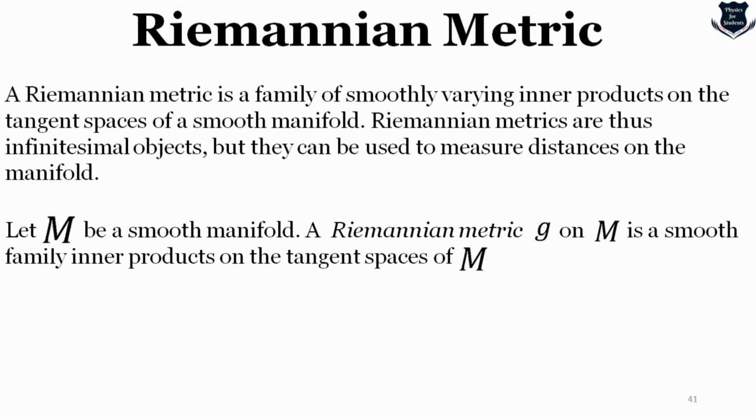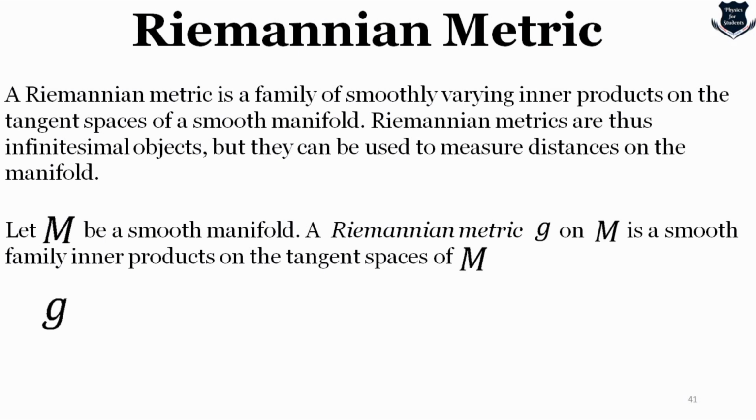So let us assume that M is a smooth manifold. A Riemannian metric G, which we denote by small g on M, is a smooth family of inner products on the tangent spaces of M. What is an inner product? I will show you. Just bear with me for a few minutes more.